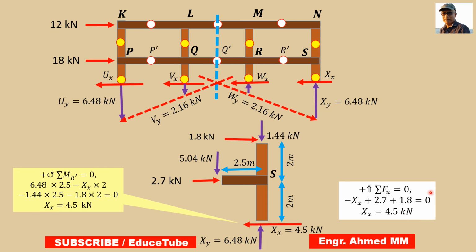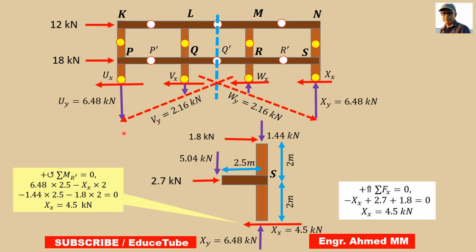As well, summing horizontal force equal to 0, you will also get the 4.5. Even without this also you can say how much it will be. By seeing you can say what the forces will be here, because there are only two forces in one direction. So the opposite direction will be the sum of these two forces. That's what is done here. By moment also it will be the same value. So we are done here.